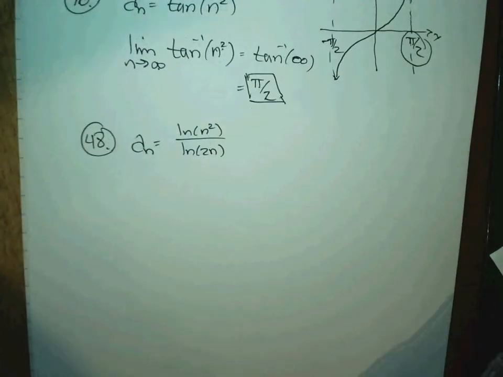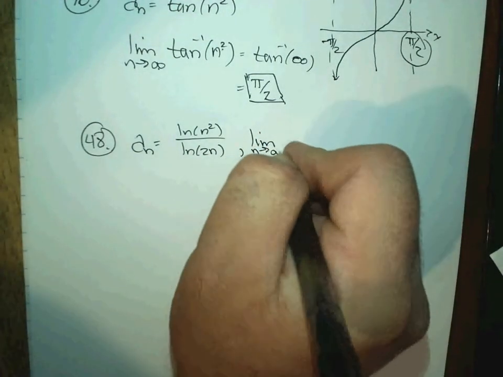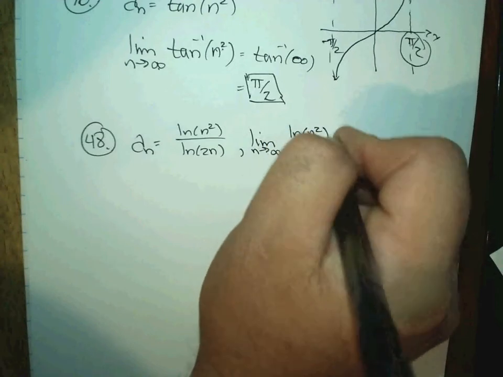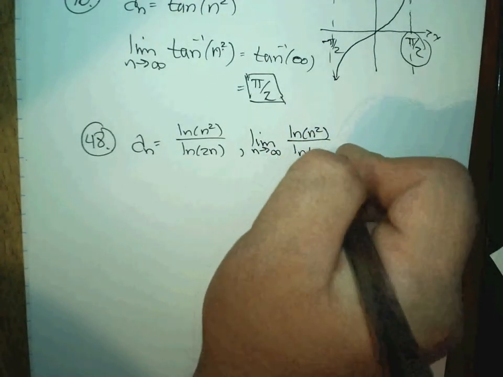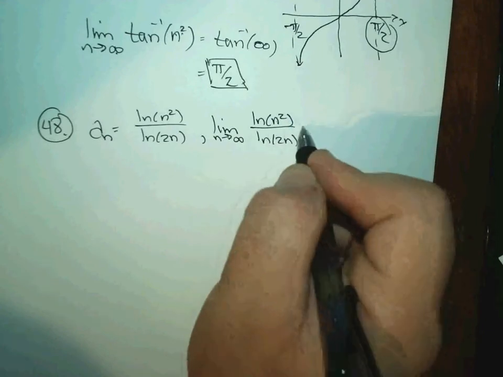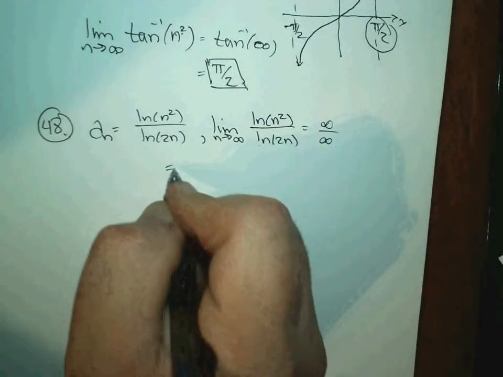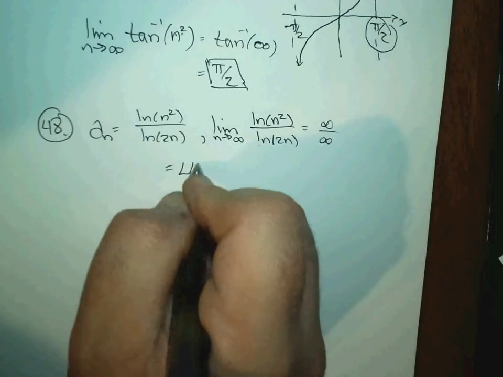In 48, a sub n is the natural log of n squared over the natural log of 2n. And so I want to know what that limit is. The limit as n goes to infinity of the natural log of n squared over the natural log of 2n.